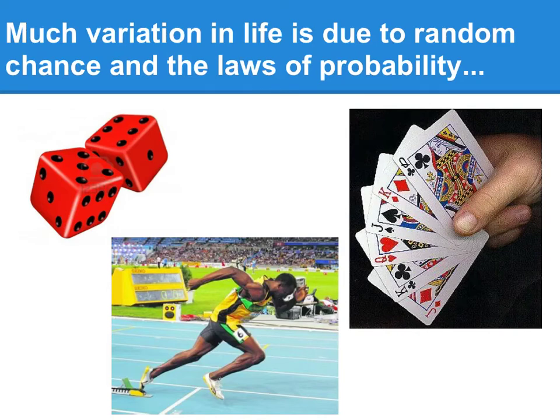Before we look at that specific test, however, let's take a further step back and understand why statistics are useful. The title of this slide tells us that much variation in life, I'm going to underline that word variation, much variation in life is due to random chance and the laws of probability.